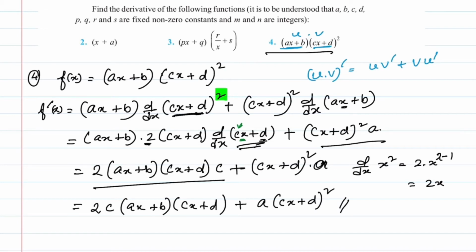Okay, now you see the answer given in the textbook may not be in this form, maybe in a more simplified form. It doesn't mean that this answer is wrong. Okay, this is correct, don't worry about that.